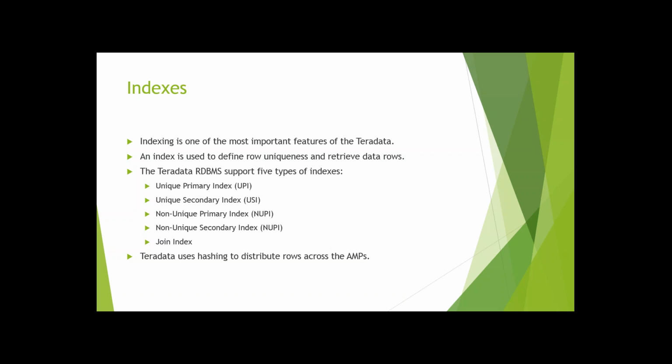We're not going to go in depth about this algorithm, but basically, they use this hashing algorithm to distribute rows across the AMPs. What are AMPs? AMPs are nothing but disks where the data is stored. Like I said, we will talk about AMPs in detail in the architecture session, which is a prerequisite for this course. Let's move ahead to the second page.